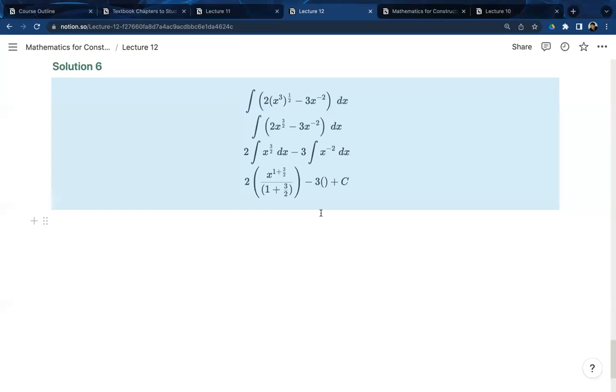So 2 by something, what we do, the power 3 over 2, we raise it by 1, we keep x to that power, and then whatever that power is, 1 plus 3 over 2, we have to divide by it, okay?